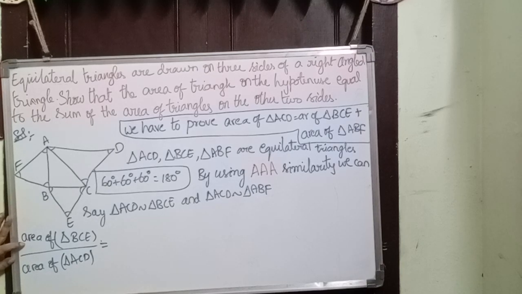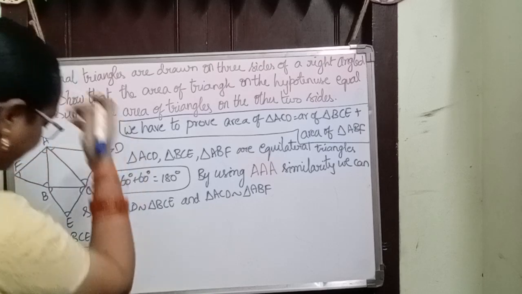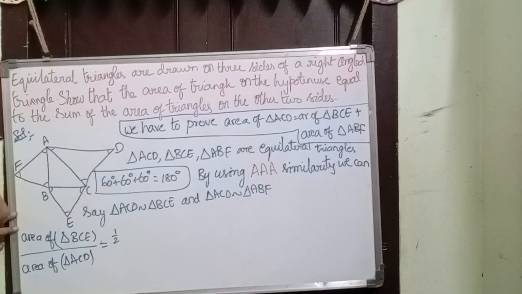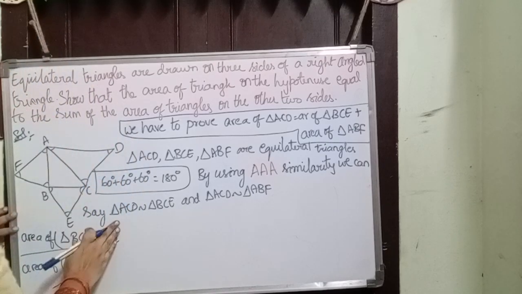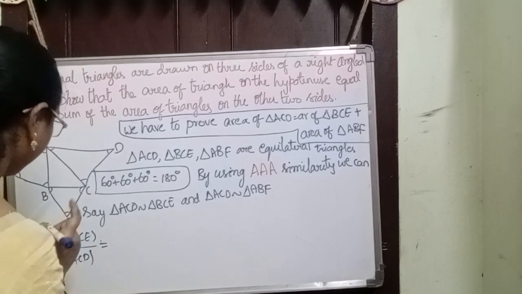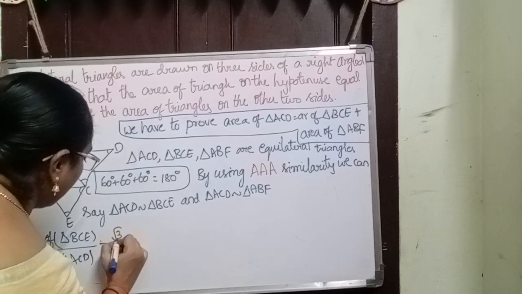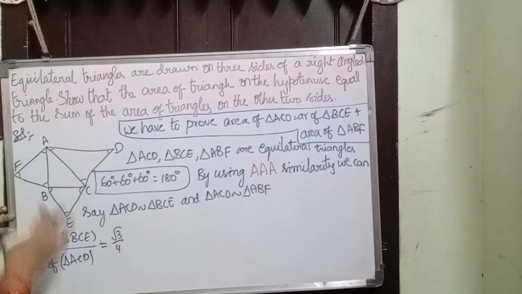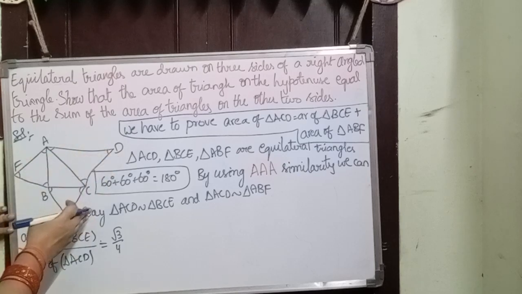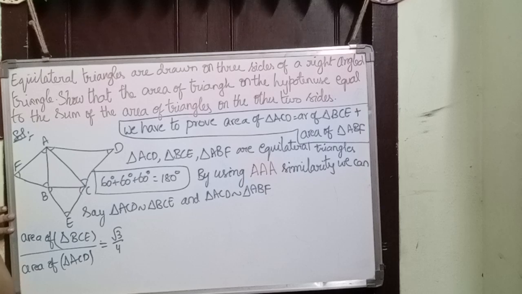Actually, the formula for the area of a triangle is half base into height, right? Otherwise, for these equilateral triangles, the formula is root 3 by 4 a square, where you can take any side.